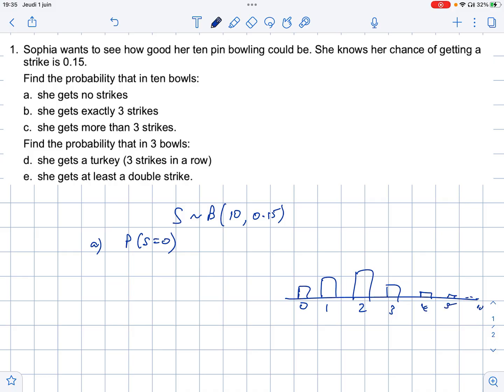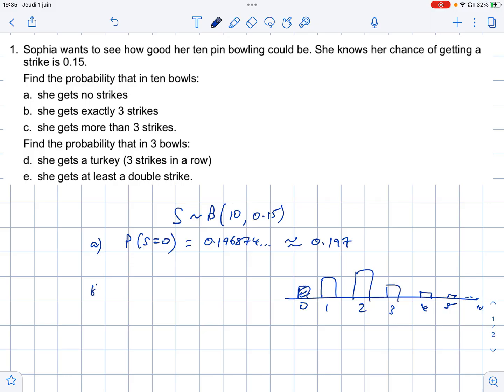No strikes is just one particular event. So we're going to use a binomial PDF for that one particular value, and we get 0.196874, which is approximately equal to 0.19197 to three significant figures.